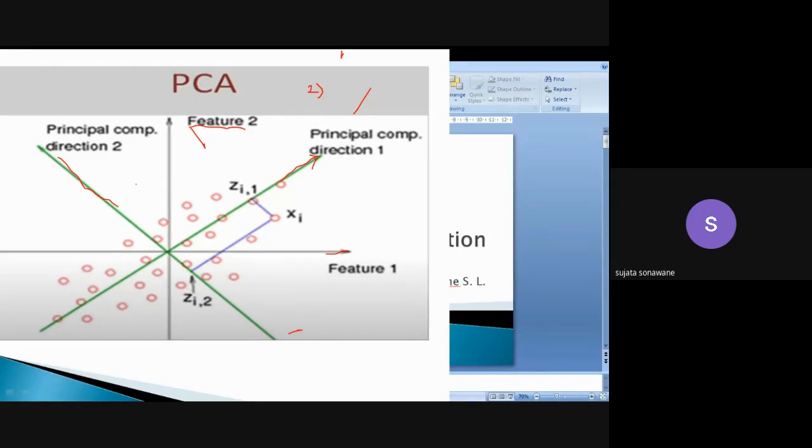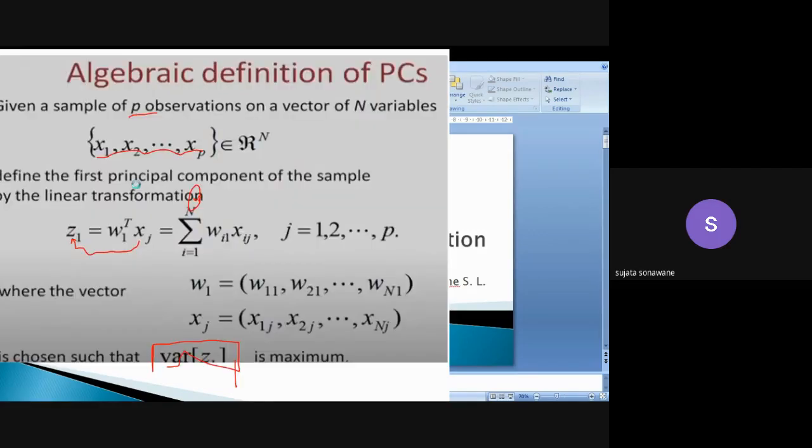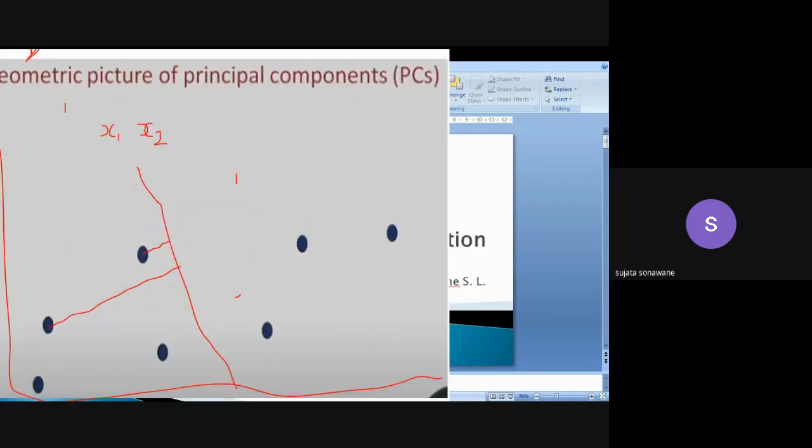When we have a number of features, we are trying to find such a model that almost every point should be covered by my function, or covered by my model. So for that purpose we will draw such a model.